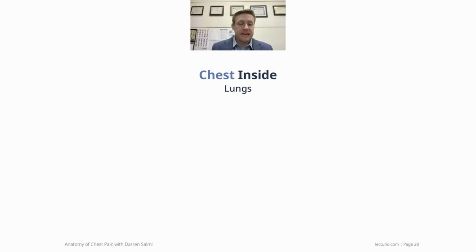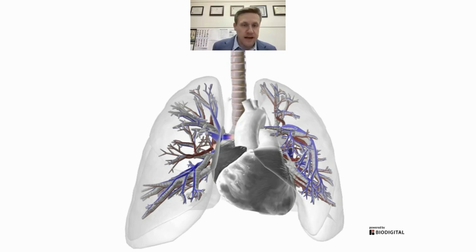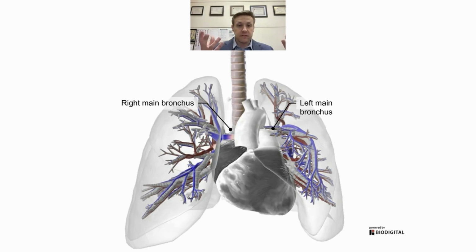What about the lungs themselves, right? So let's do a little X-ray vision through the lungs to see what's going on inside, at least to the point we can still see grossly or with the naked eye. A lot of the really important structures like alveoli are going to be microscopic. So here we see the trachea coming down and splitting into left and right main bronchus. And they're going in and delivering air in and air out, right?